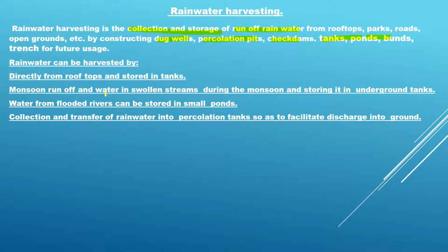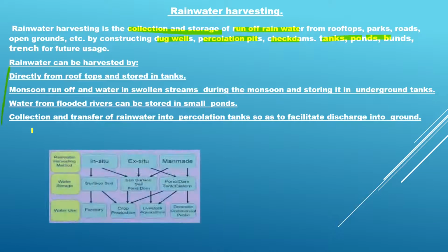Monsoon runoff and water in swollen streams during the monsoon can be stored in underground tanks. Water from flooded rivers can be stored in small ponds. Collection and transfer of rainwater into percolation tanks facilitates discharge into the ground. These four steps we have to follow.